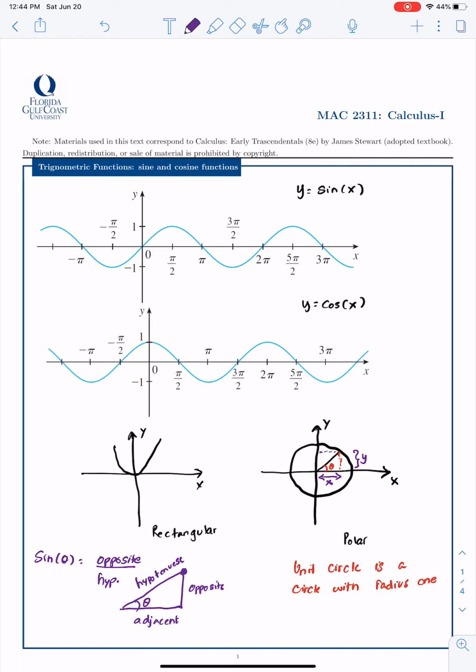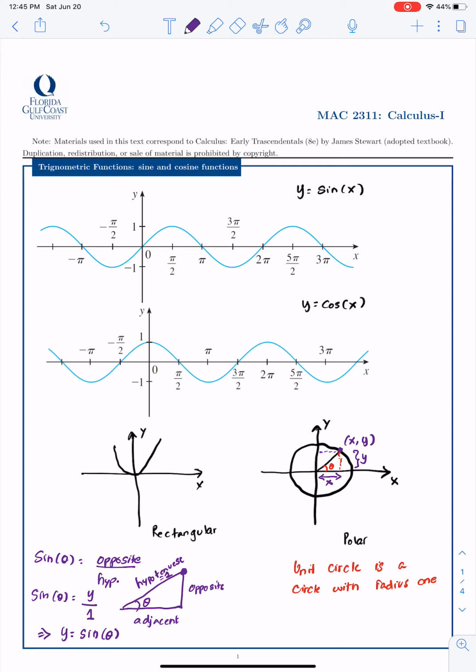So if I call it length y and x, then that point would simply be x comma y. So I can come back here to sine theta and write the opposite side, which has a length of y, divided by the hypotenuse. The hypotenuse here is simply the radius of the circle, and it is of length 1. So I have related the coordinate y to sine theta in terms of the angle.